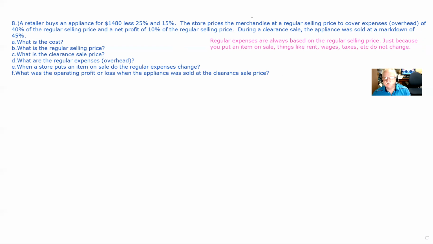Keeping that in mind, we can then calculate the operating profit or loss. So let's take a look at what we can do here. Let's calculate the cost. We are basically using N equals L times (1 minus D1) times (1 minus D2), and in this case, we know the list price, 1480, and D1 is 25%, and D2 is 15%.